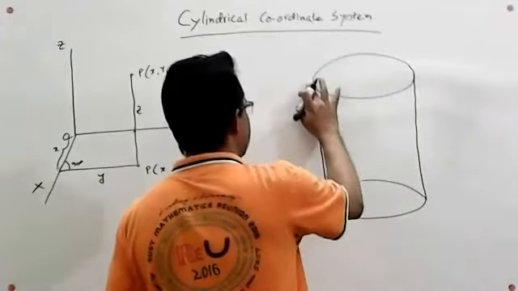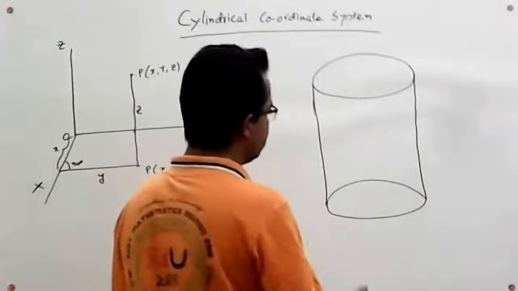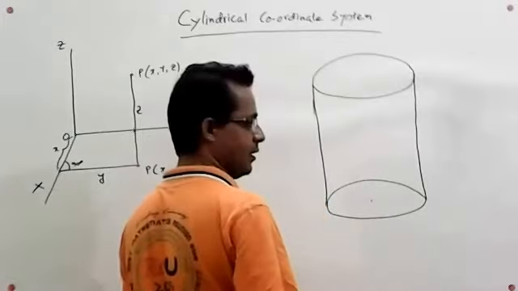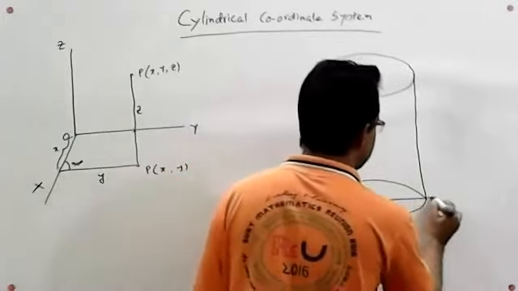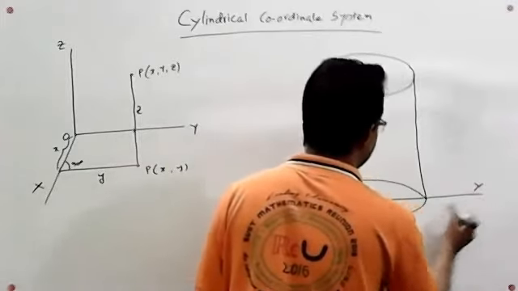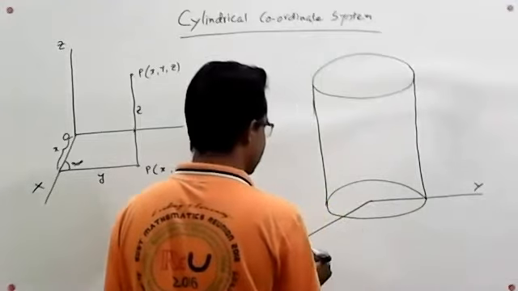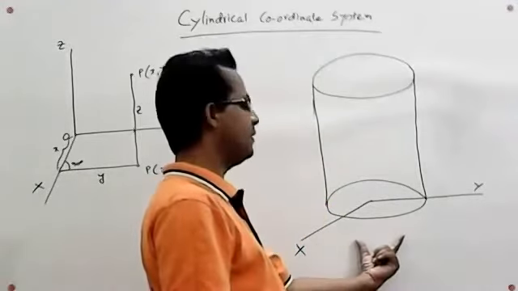We make a right circular cylinder. Now, we consider that this point is the center of the base of the cylinder. And from this point, we draw two axes. One is the y-axis, and the other is the x-axis. So, this plane is xy.